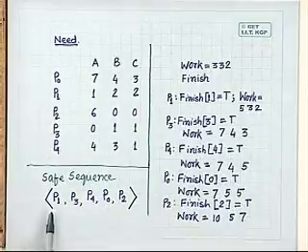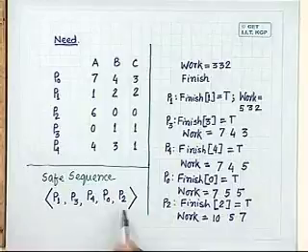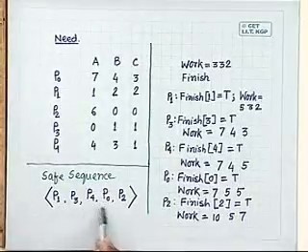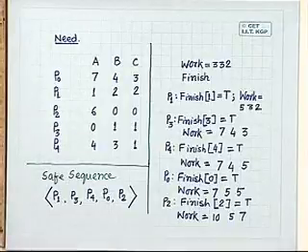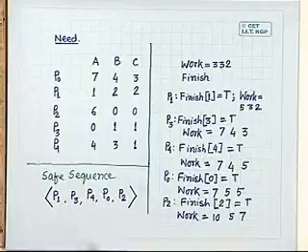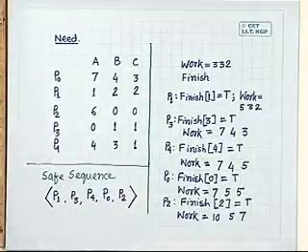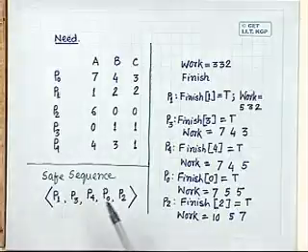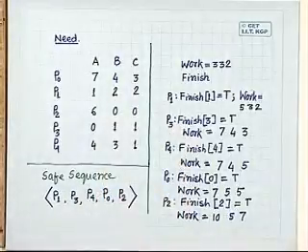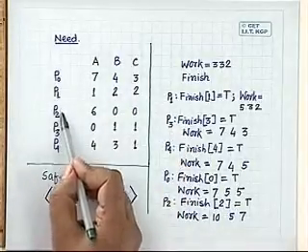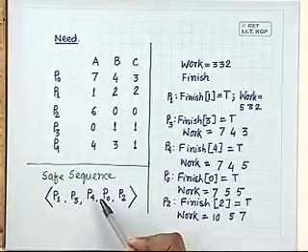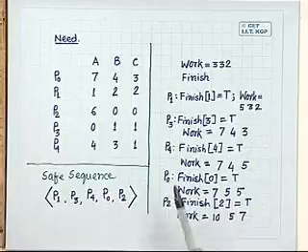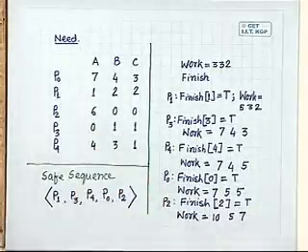Now when I say that safe sequence is P1, P3, P4, P0, and P2, it does not mean that this safe sequence is unique. We have got this safe sequence because we have started our scanning from process P0. Instead of starting from process P0, if I move in the reverse order, I start from P4, P3, P2, P1, P0. Or I check the processes, scan the processes in any arbitrary order. Maybe P2, P0, P1, P3, P4.